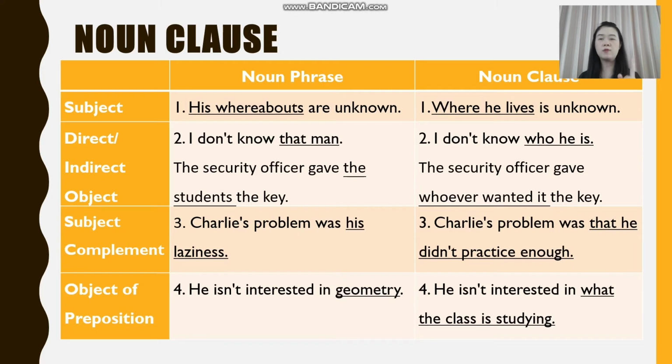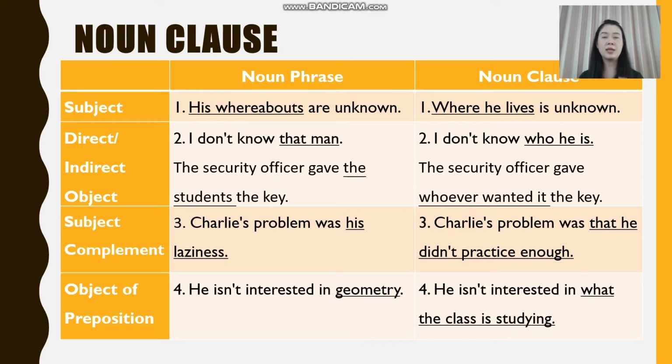Let's start with the first one, the subject. For the noun phrase, you can see the example: his whereabouts are unknown. His whereabouts is the noun phrase, because the word whereabouts is the head word of this phrase, and we use the word his as a possessive adjective to modify whereabouts. For the noun clause, we can say: where he lives is unknown.